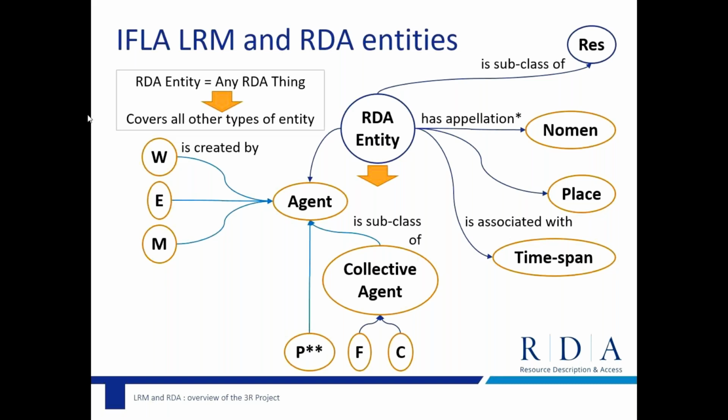Here's another strange thing, which we all need to get used to, is items are not created by anybody. And that's because conventionally within the model, everything you say about an item, you actually transfer to the manifestation. And so all the creation relationships are described as part of the manifestation entity.